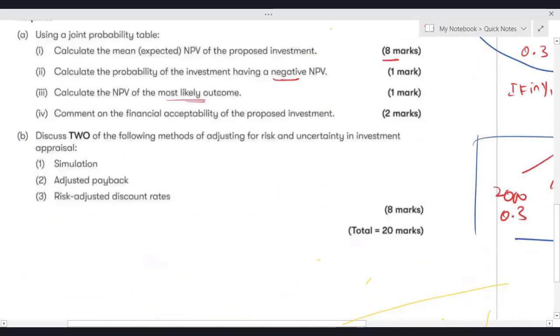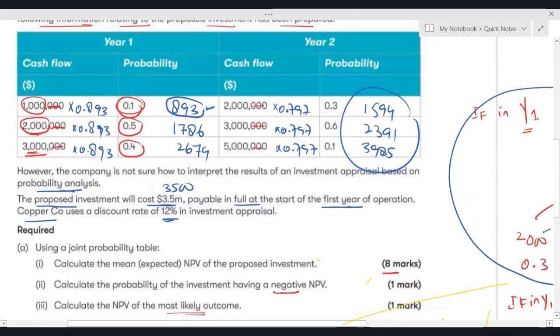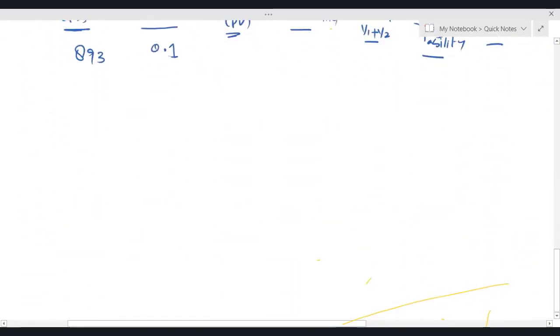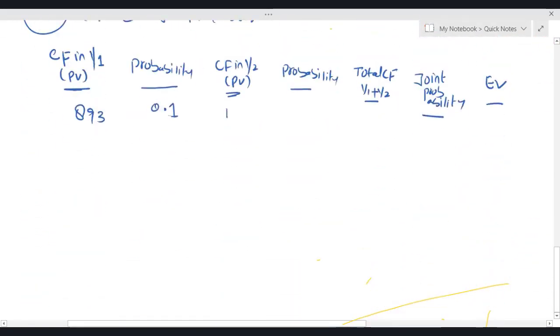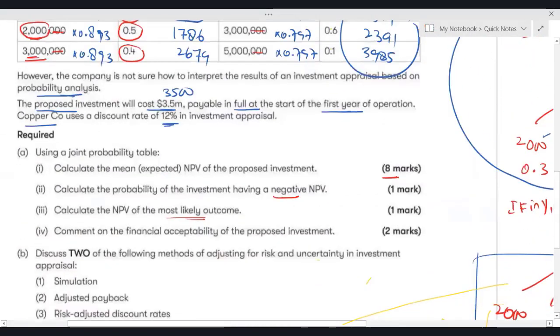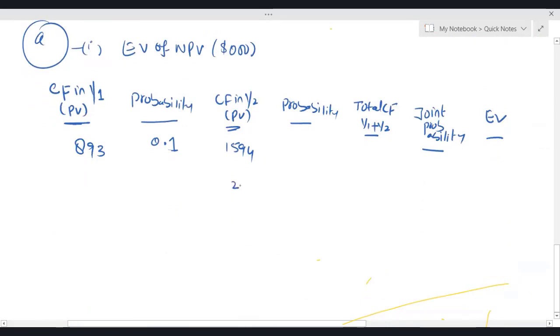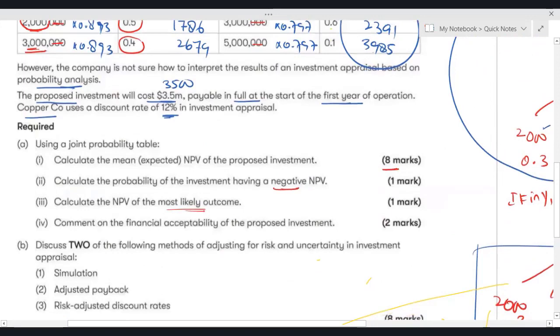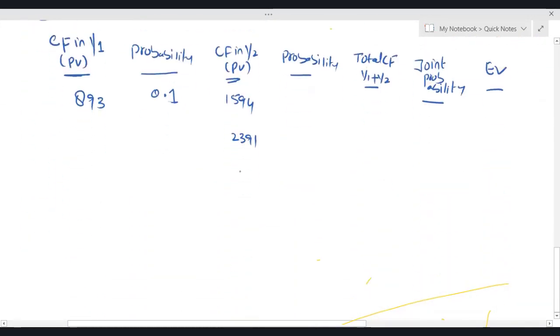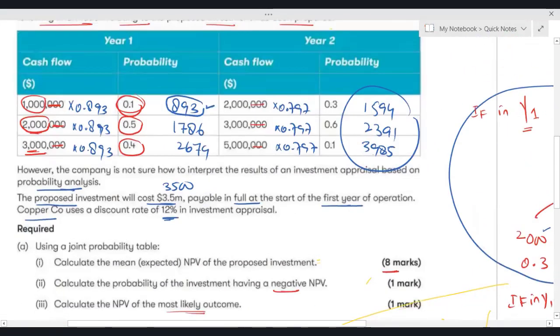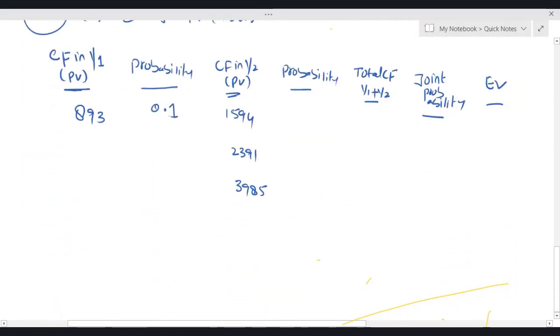Then in the second year, there are three possibilities: 1594, 2391, 3985. Each one is having their respective probabilities 30%, 60%, and 10%.